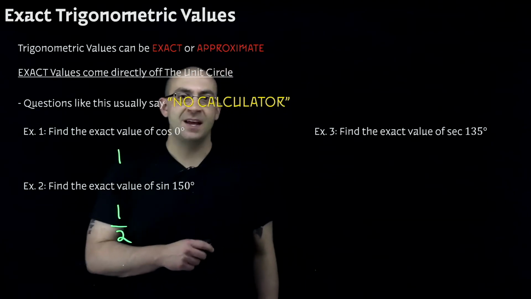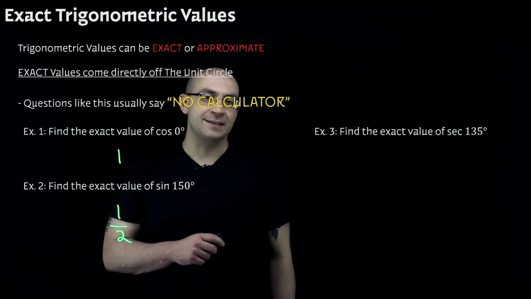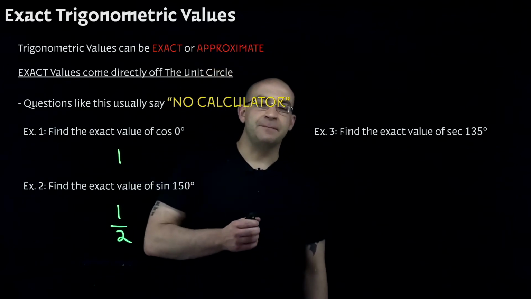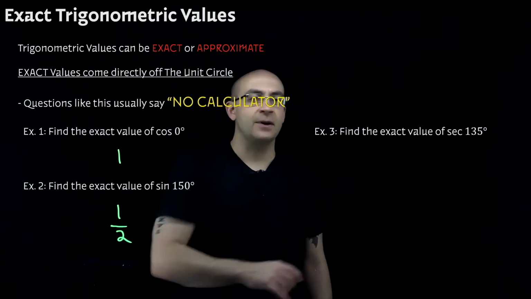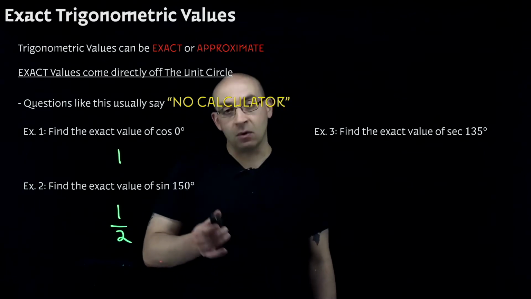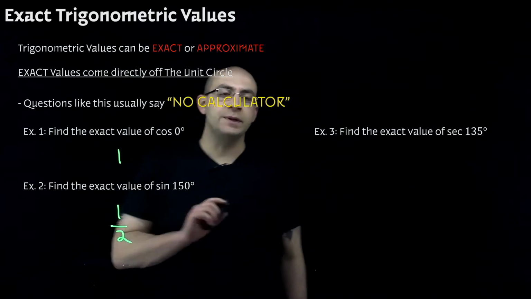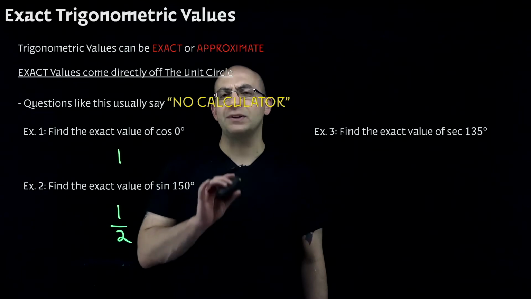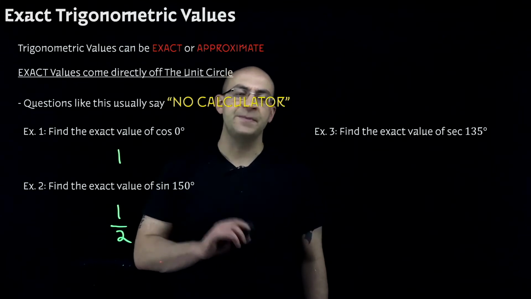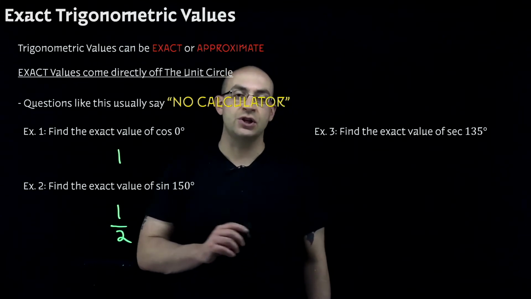Example 3. Find the exact value of secant 135. This is where it gets a little bit more challenging. So what I really need to do here is find out what the base trig function is from secant, or what's its inverse. Well, we know secant's inverse is cosine. So let's think about what cosine's value at 135 is, and then apply it to our secant ratio.